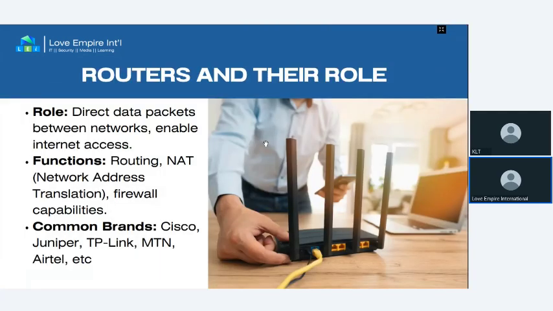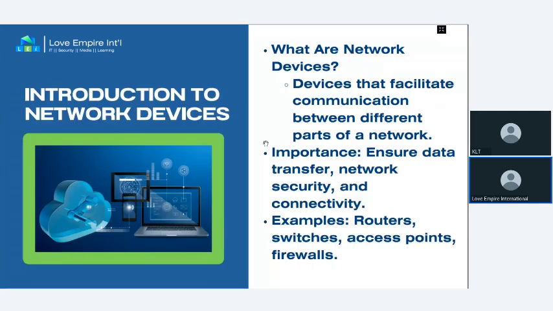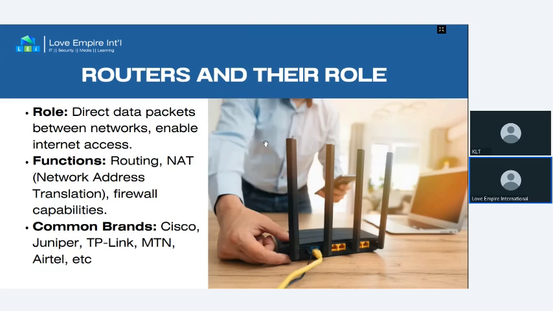Okay, so the first thing we have here is routers. A router plays a very important role when it comes to network. Okay, without your router, you will not be able to browse. So apart from helping you gain access to the internet, the router also helps in directing packets.